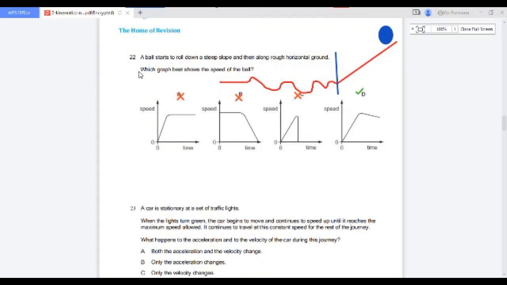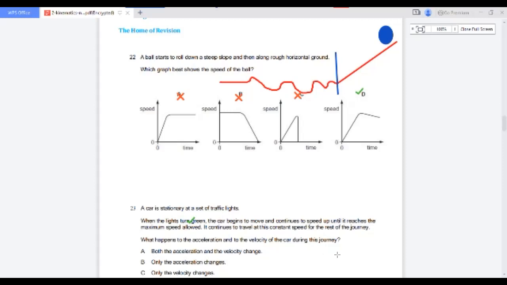Okay, let's move to 23. A car is stationary at a set of traffic lights. When the light turns green, the signal is green, the car begins to move and continues to speed up until it reaches the maximum speed.